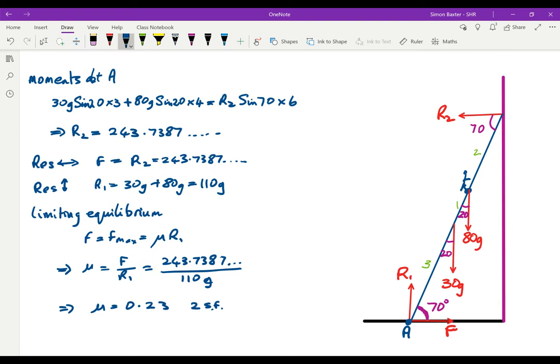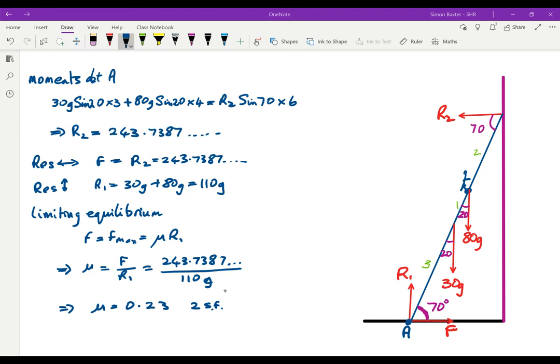Right, so that's what happens with a ladder. I want to look, before we go away from here, what do you think would happen if instead of putting the ladder at 70 degrees, I put it at, say, 50 degrees? Do you think the coefficient of friction would be the same? Or more?